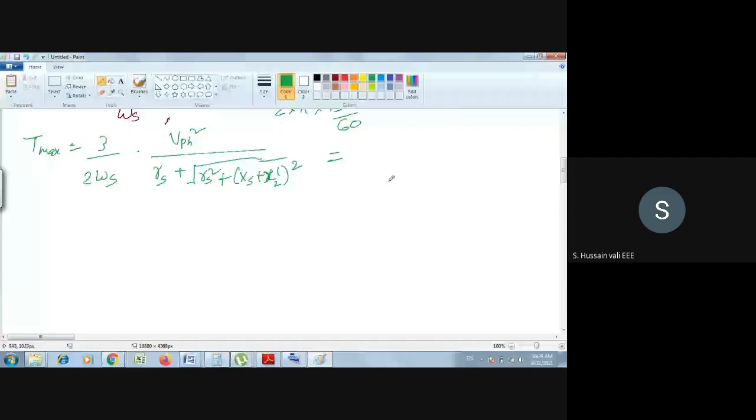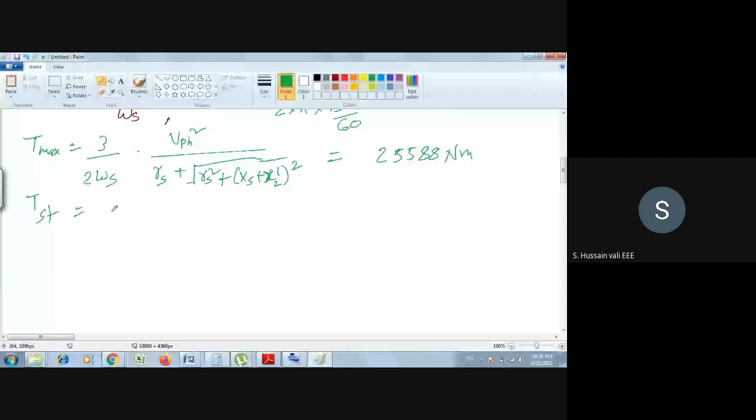You can find the formula yourself. There is nothing here. Everything, Rs, Xs, X2 dash, omega s, please substitute it. I'll write down directly, 255.88 Newton meter. We have already found everything.